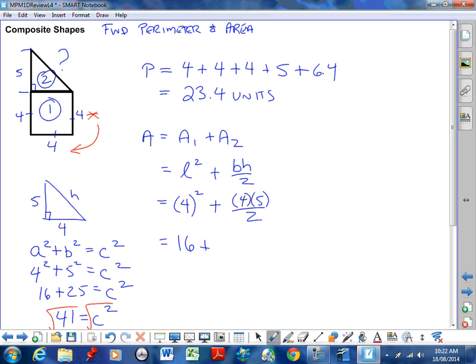So we have 16 plus 20 over 2. 20 over 2 is just 10, so 26 units squared. So there is dealing with composite shapes, and the only difference with the ones that we do in the grade 9 course is the shapes are a little bit more complicated, or you didn't talk about them in as much detail. So there we are.